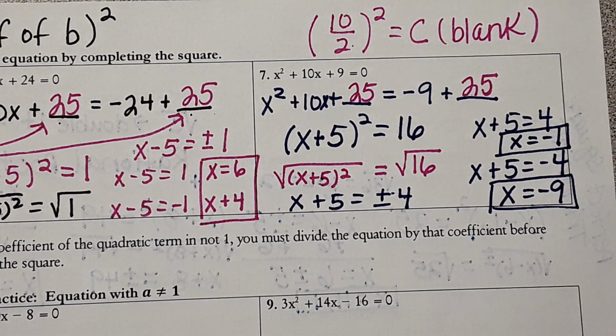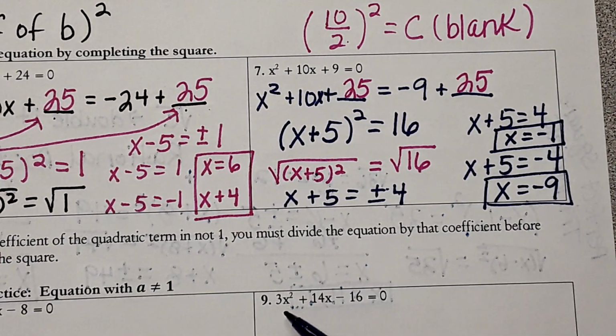Okay. Now, not all of these equations can we always assume that they're going to have an a equaling 1. And remember, a is in front of the x squared term, or the quadratic term. You guys remember, just a brief reminder, that this is your quadratic term, this is your linear term, this is your constant term.